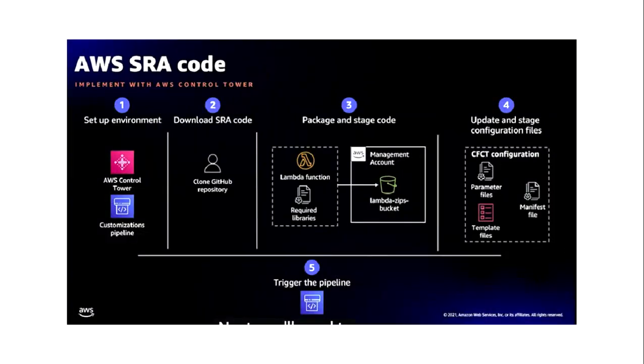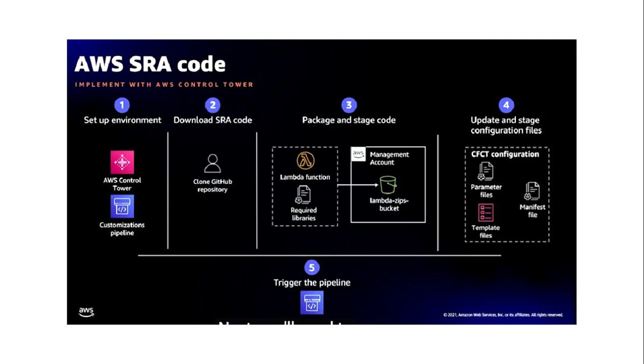There are five different steps of the source code, which is: set up the environment through Control Tower, also the pipelines, push the pipeline and clone the GitHub repository, download the SRA code, do the vulnerability scan, and then package them up and move towards Lambda and get the Lambda functions into the management account.